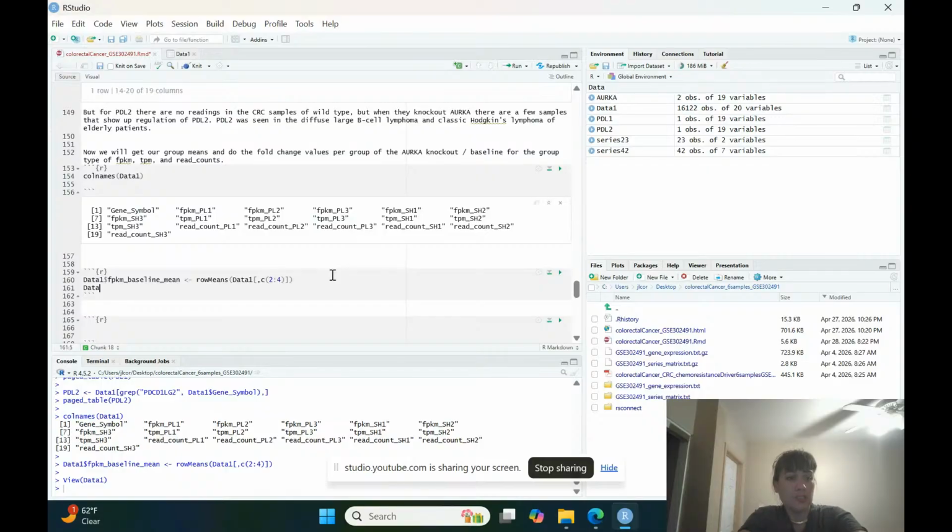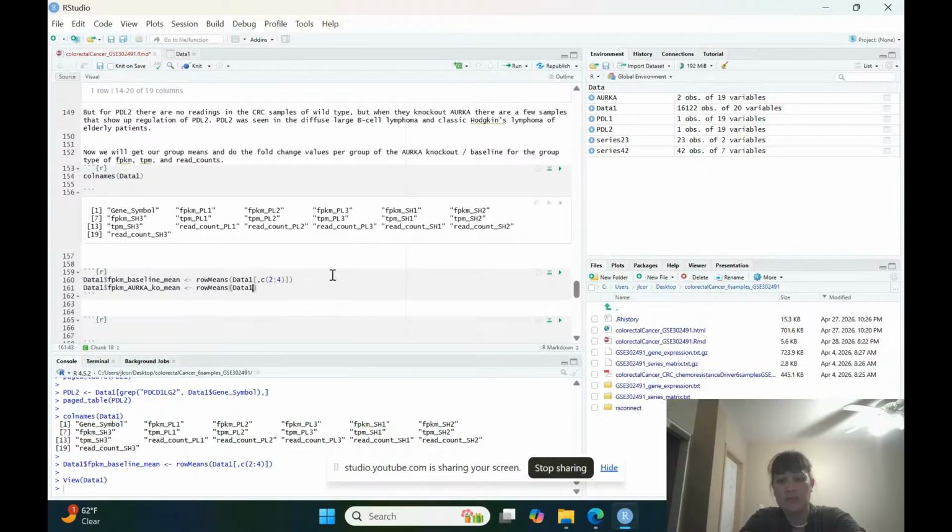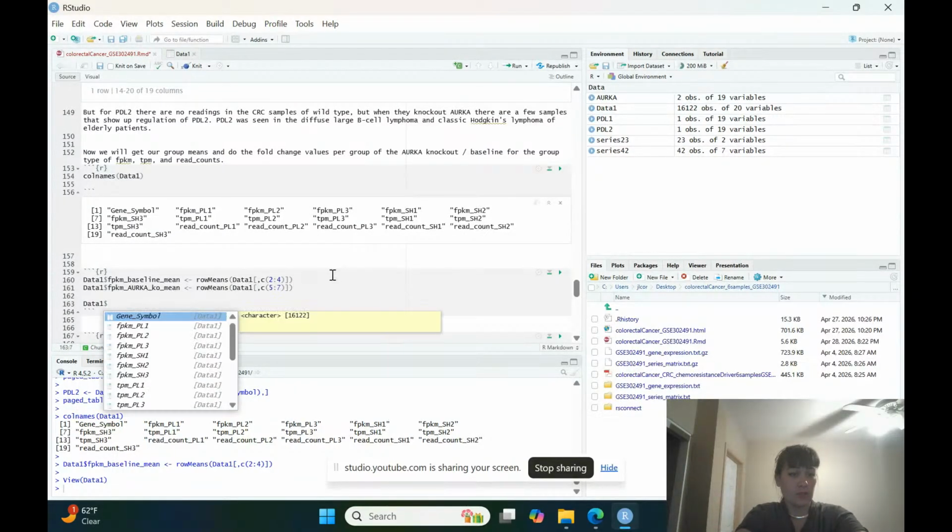Okay, and then data 1 by FPKM ARCA KO mean, columns 5, 2, 3, 4, 5 through 7. Let's just go down the line and we'll do the fold changes at the end so we keep all the means together.